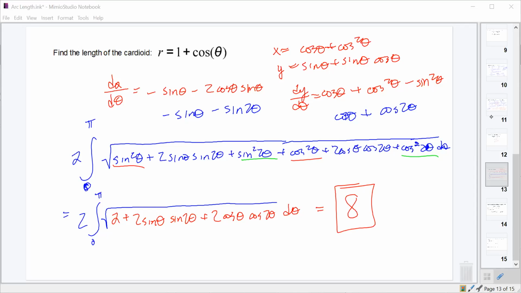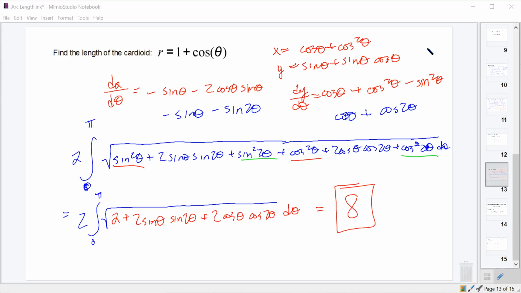How would we do this one? Anybody know how you would do this one by hand? Very similar to the last one.